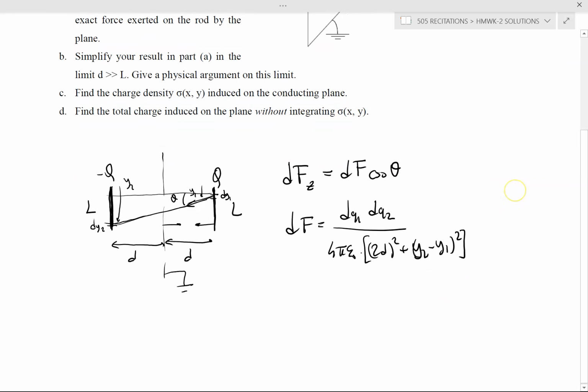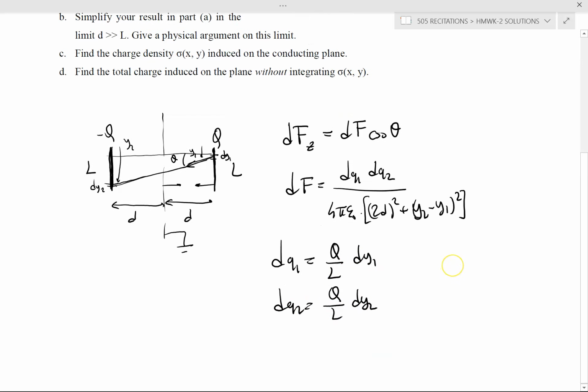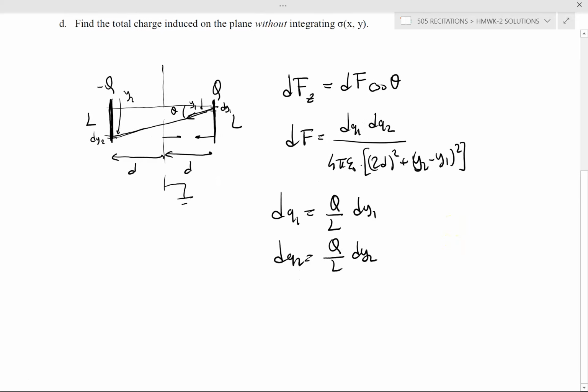Okay, but what are dq1 and dq2? dq1 is nothing but Q over L dy1, and dq2 is Q over L dy2, right? Charge density multiplied by the total length of the region. So under these circumstances, let me also notice what cosine theta is.